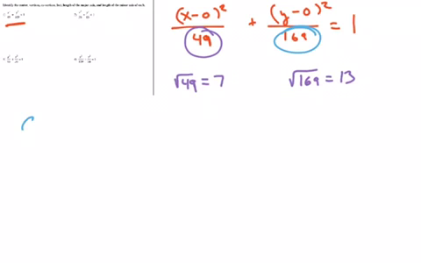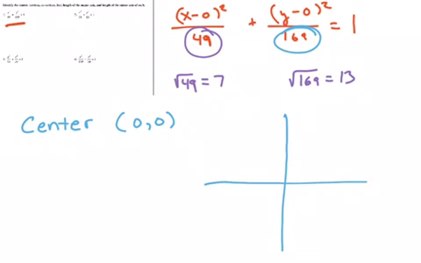Okay, this means my center is going to be at (0, 0). Now, even if it's not asking you to draw a picture, I think it's useful to draw a sketch. So I'm going to put my center at (0, 0). And what do these numbers mean? Well, the 13, because it's under y, means I'm going to go up 13.